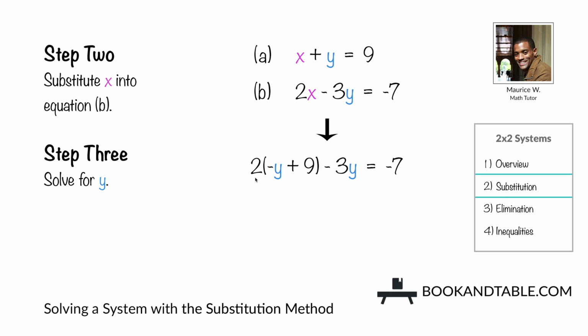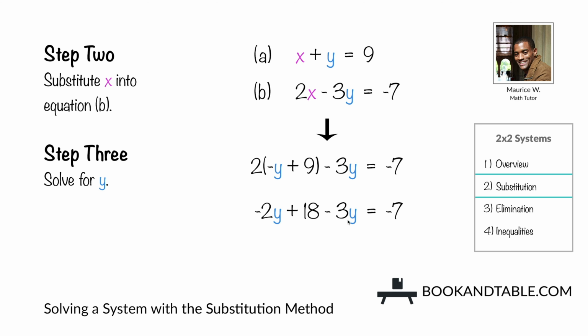And now we'll distribute this 2 to both terms inside the parentheses here, giving us 2 times -y, which is -2y, and 2 times +9 is +18, minus 3y is equal to -7.